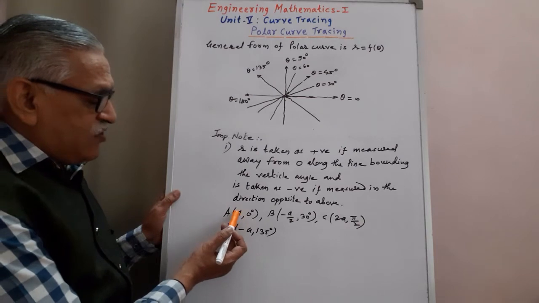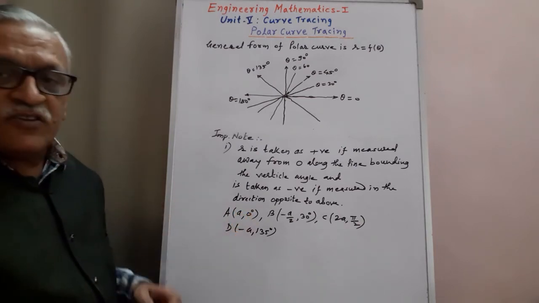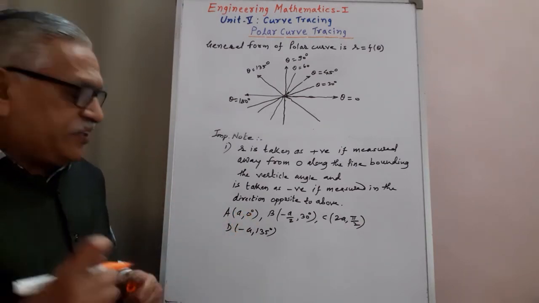In each pair, the first value is the value of r, and the second value is the angle made with the initial line.